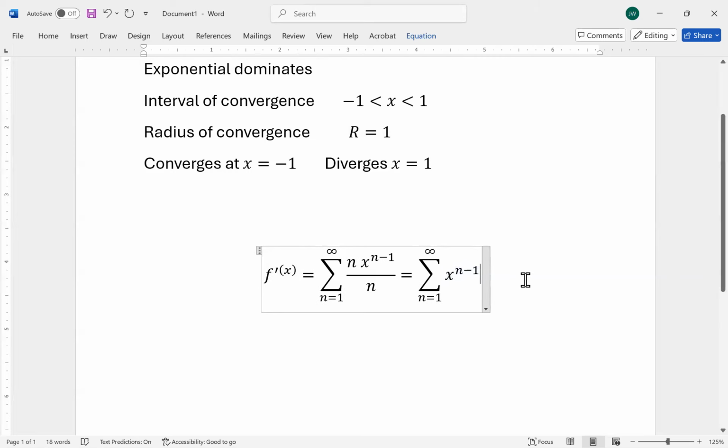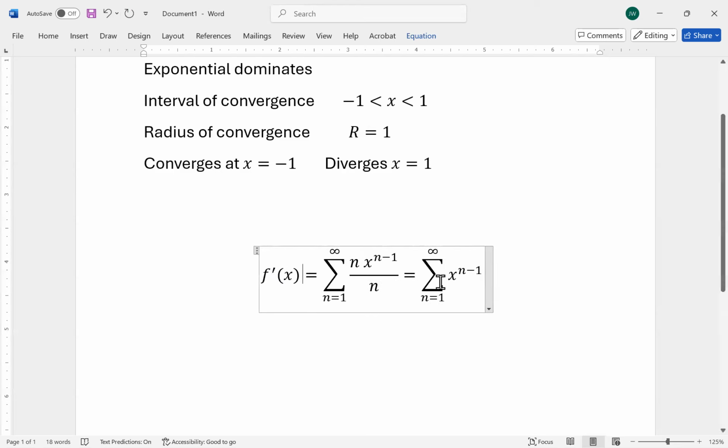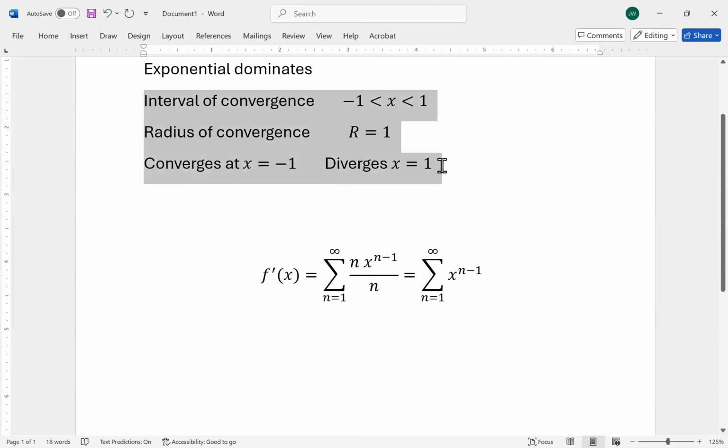So that is the derivative. Notice that this is geometric. So it's going to have the same interval of convergence, the same radius of convergence.